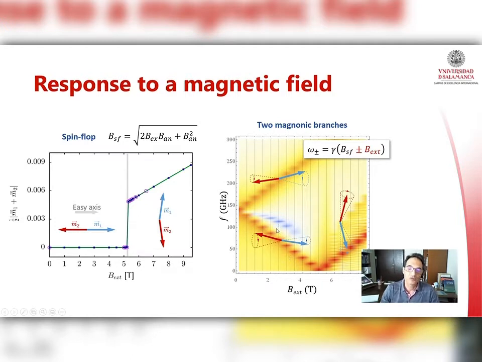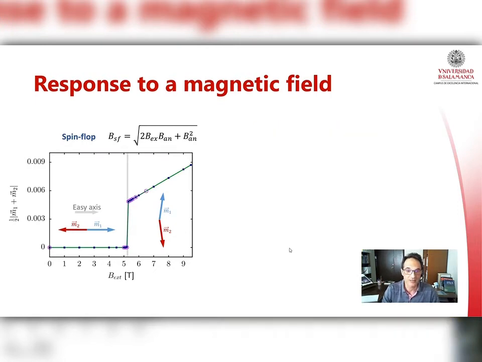And it's important to point out that for a field different from zero, these magnonic currents carry angular momentum, because in each one of these modes the two sublattices are not excited with the same amplitude, which means that the magnons propagating in the system carry angular momentum.